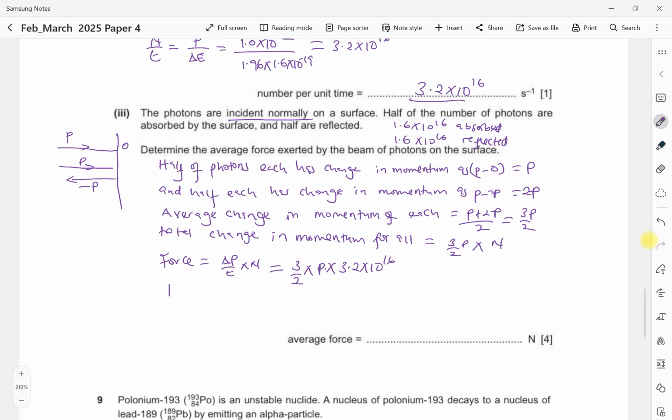So we know that the momentum of one particle is the energy of the particle over the speed of light, which is going to be 1.96 times 1.6 times 10 to the power of minus 19. That is the energy, divided by 3 times 10 to the power of 8.